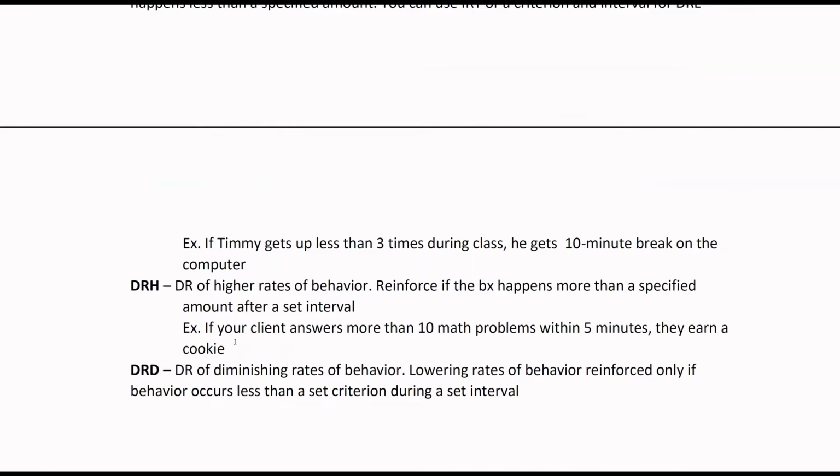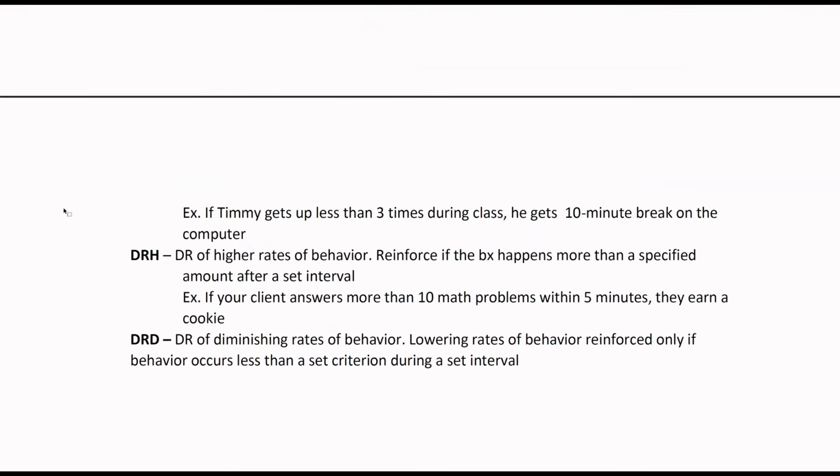Then finally, we have DRH and DRD. The DRH is where we are trying to increase a current behavior, so higher rates. You're reinforcing if the behavior happens more than a specified amount. So again, let's say we want the behavior to happen 4 or more times in 2 minutes. Now we're trying to increase the current behavior. And then DRD, differential reinforcement of diminishing rates.